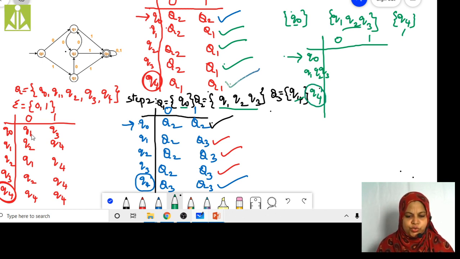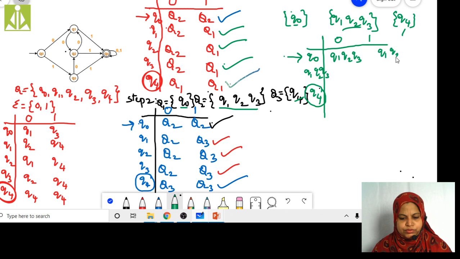Q0 on 0. Q1 is present in here. So Q1, Q2, Q3. Q0 on 1. Q3. Q3 is present in which state? Same. Q1, Q2, Q3. Now, Q1 on 0. Q1 on 0 is Q2.